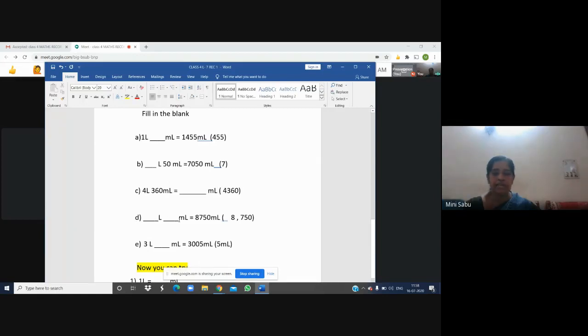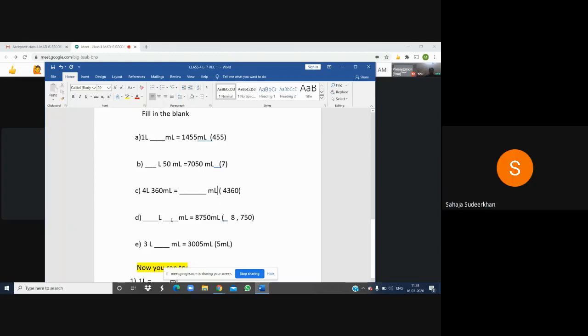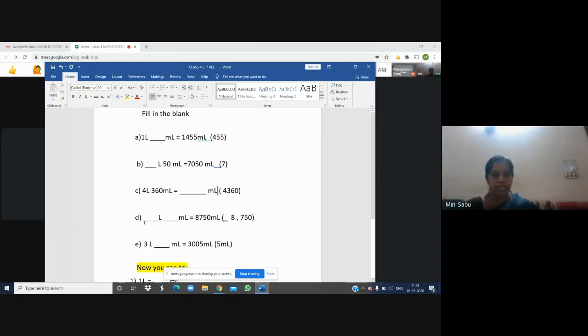Okay. Then next is D. Dash liter dash ml is equal to 8750 milliliter. So 8750 milliliter means how many liters? What will come here? 8 liter, and dash ml 750 ml. Got it? Here 8, and here 750.